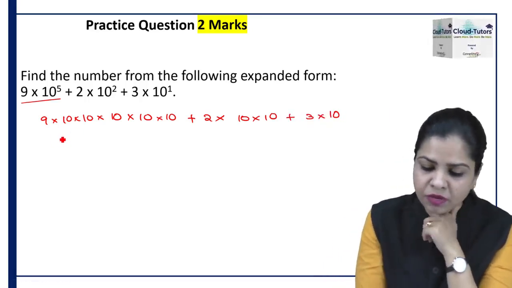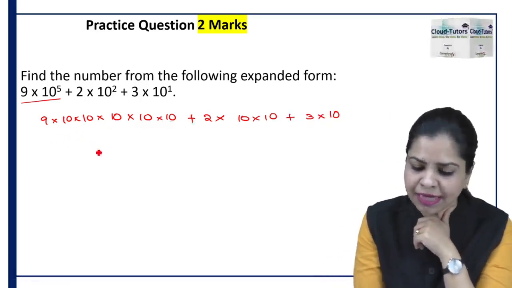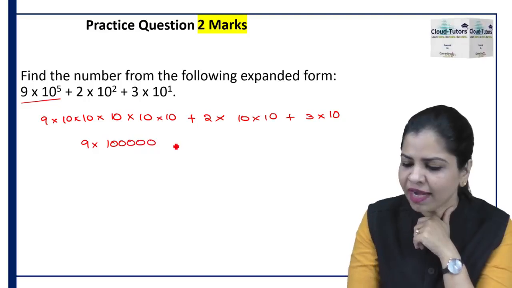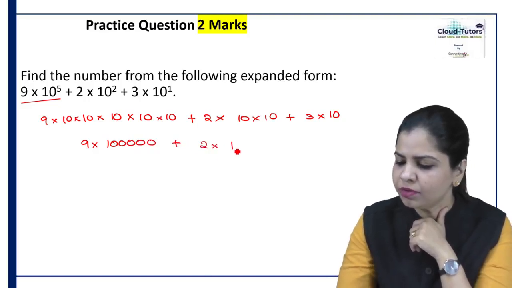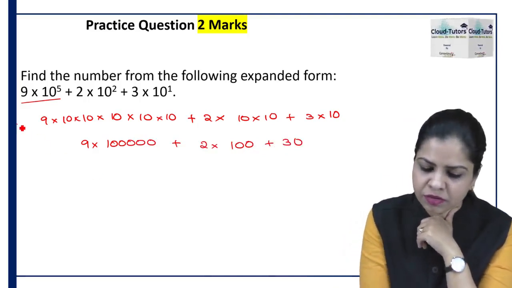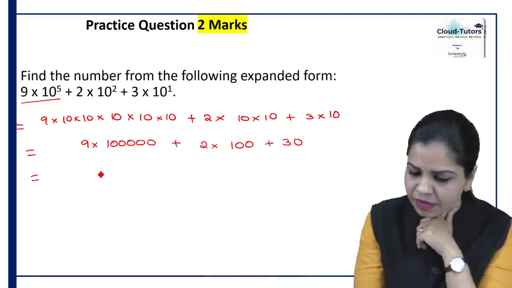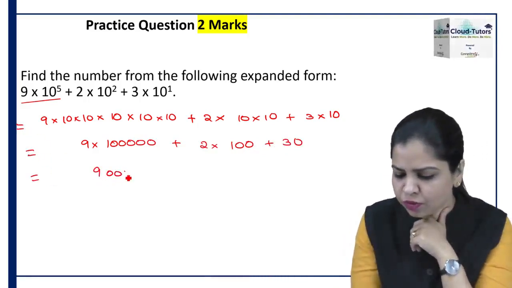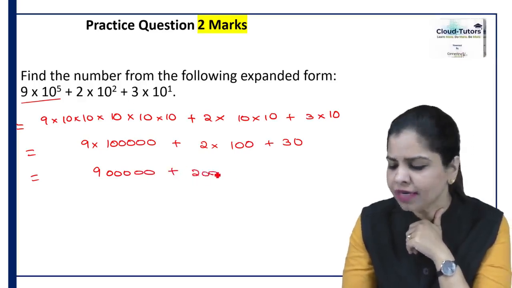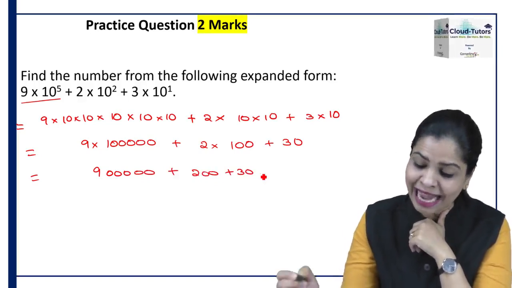Okay, so let's multiply all this. That would be 9 into 1, 2, 3, 4, 5 zeros plus 2 into 100 plus 3 into 10. This is 30. So that would be 9 followed by 5 zeros plus 200 plus 30. So let's add them up.